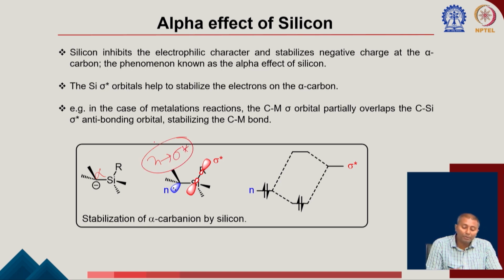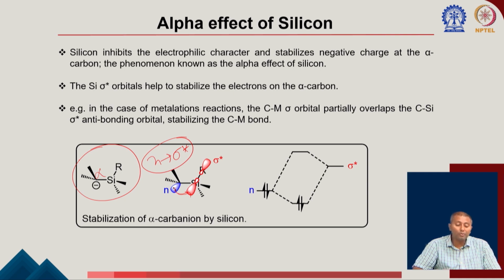There is overlap between the sigma star orbital and the non-bonding orbital, because you have a carbanion here with a negative charge. That orbital overlap helps stabilize this alpha anion, and that is what is called the alpha effect of silicon.